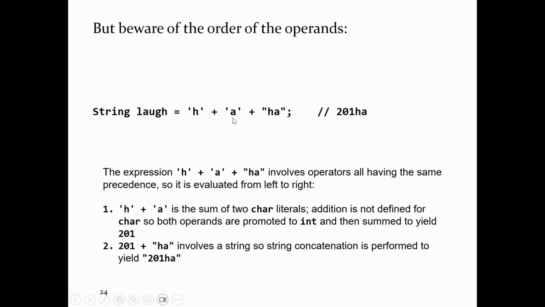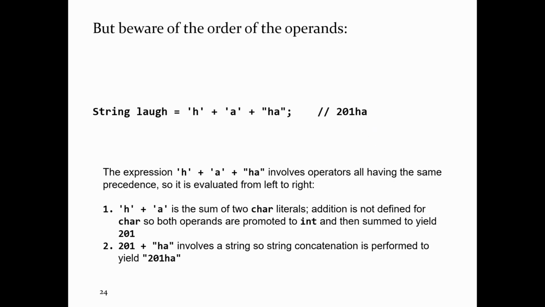Now it sees char plus char. When you have 2 chars together with a plus, it converts everything to int. It converts the H to an int, and now you have an int. Int plus a string, now that's string concatenation. So you get an int plus "HA", and the result that you get is 201A.